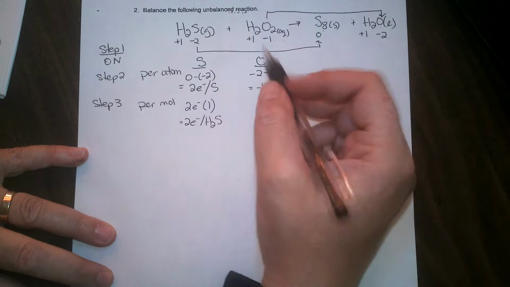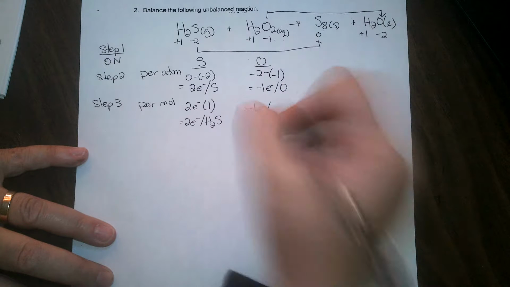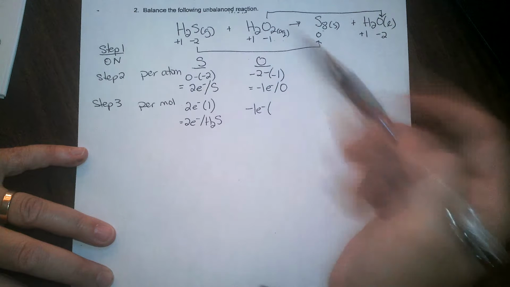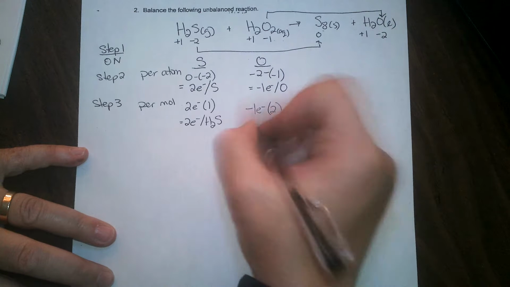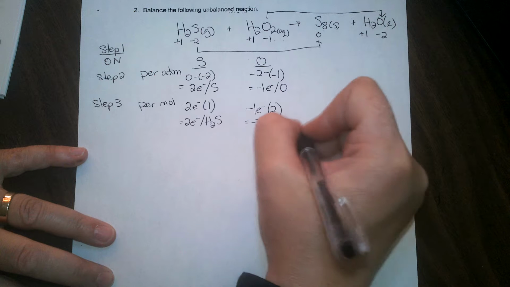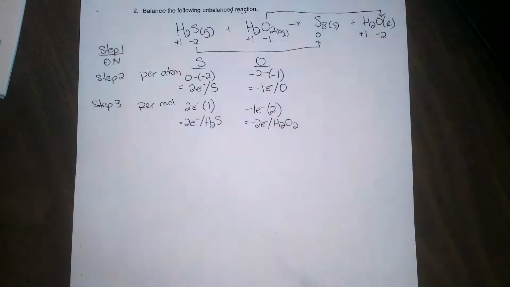Let's look at this one here for oxygen. I'm going to take my -1 electron. I'm going to multiply it by how many are in my molecule? 2. The reactants. We always look at the reactants.